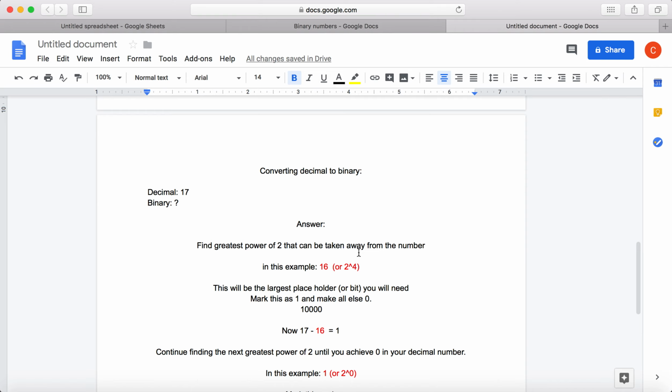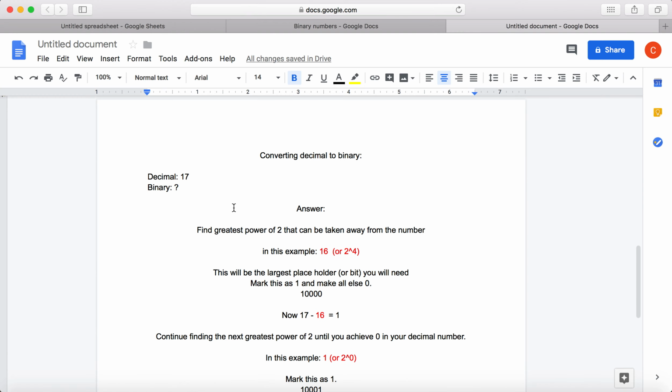So in this example, our decimal number is 17, and the greatest power of 2 that we can take away from this is 16, corresponding to the digit at 2 to the power of 4, which will be the 5th digit. So now we have found the largest power of 2 we can take away from this number, so this will be our max bit for our binary.